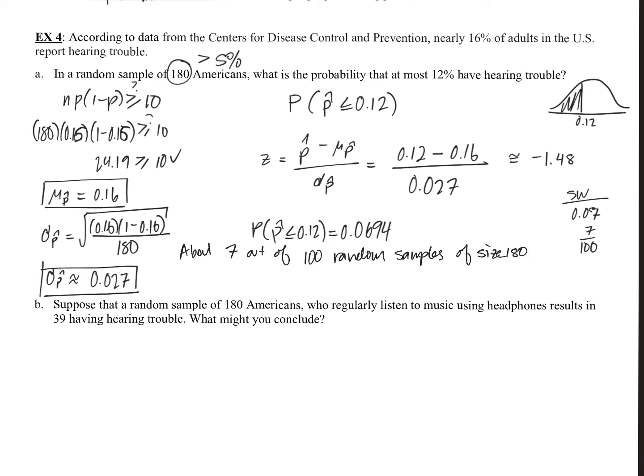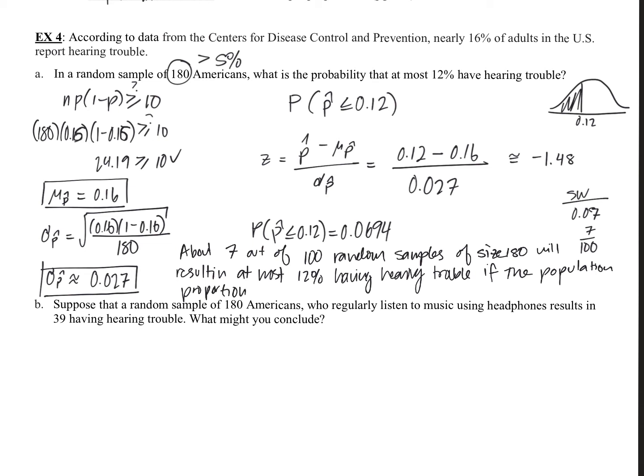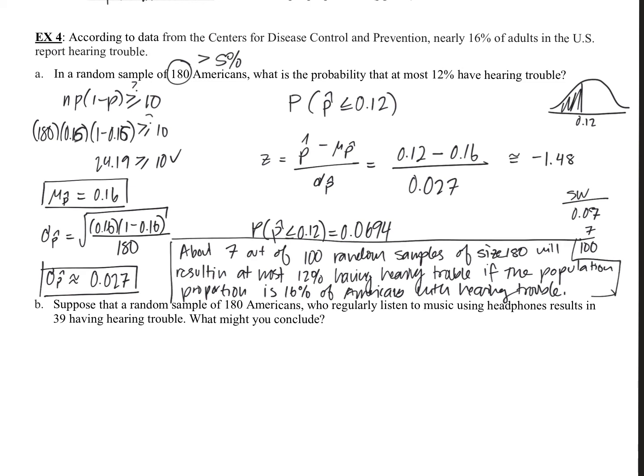So samples of size 180 will result in at most 12% having hearing trouble if the population proportion is 16% of Americans with hearing trouble.